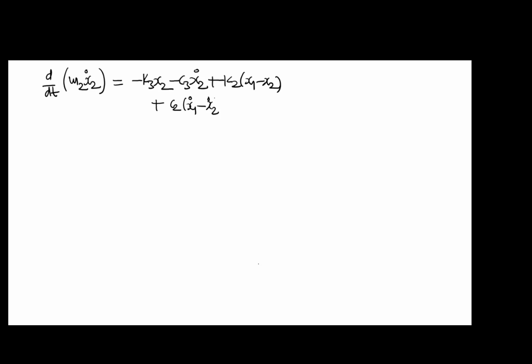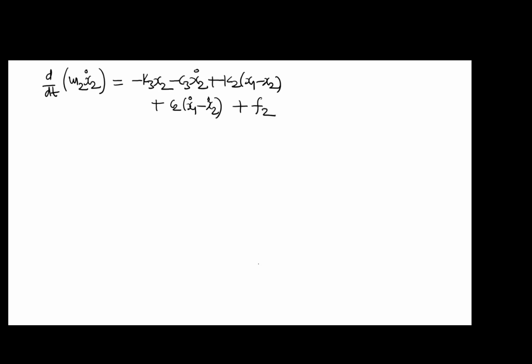So the free body diagram of the second, from there we can find out that d by dt of the rate of change of linear momentum of the second body equals minus k3 x2 minus c3 x2 dot plus k2 into (x1 minus x2) plus c2 into (x1 dot minus x2 dot), and there is an external force on the right hand side, F2.